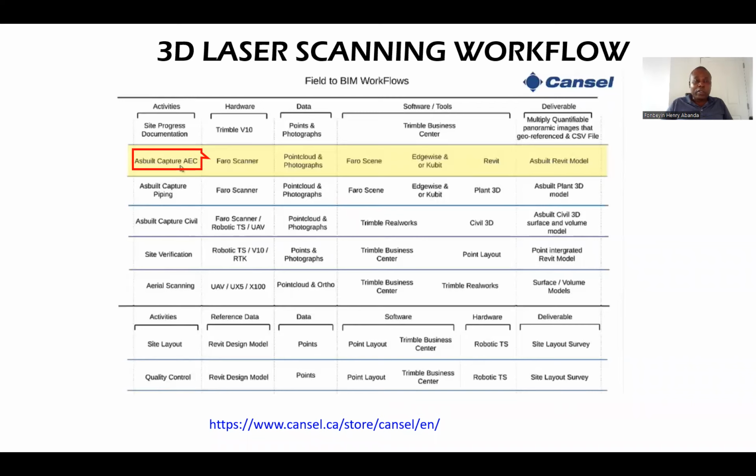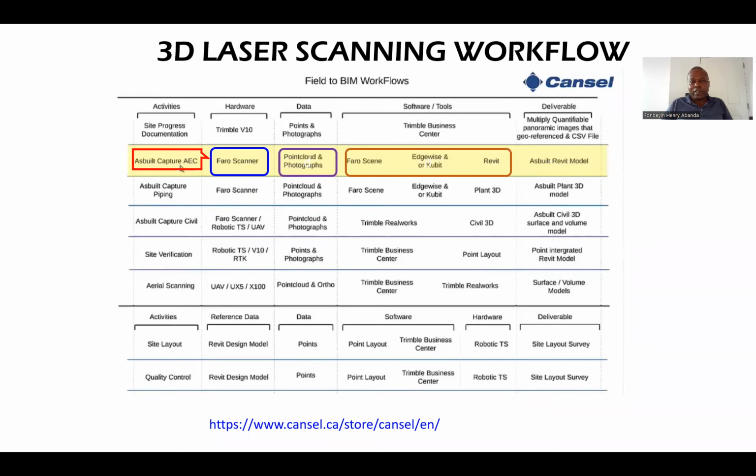So let me just focus on this one, which is by Faro Scanner. Of course, the activities are to capture the as-built model. So we use a Faro Scanner to scan the building. The next step is to get the point cloud from the scanner that's scanning the building.